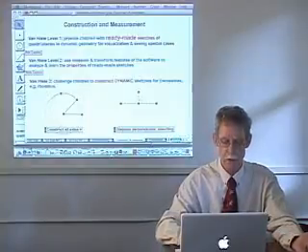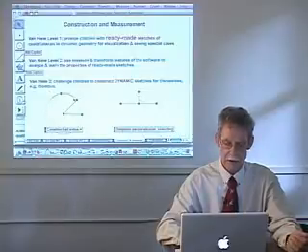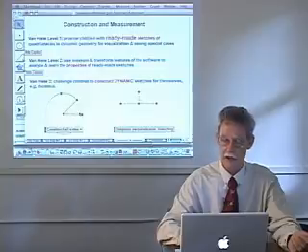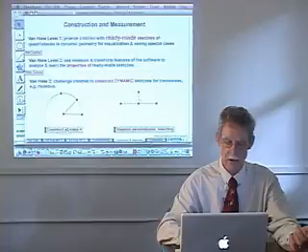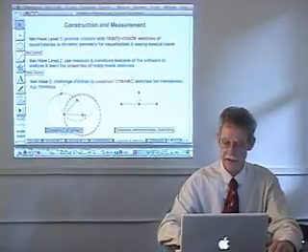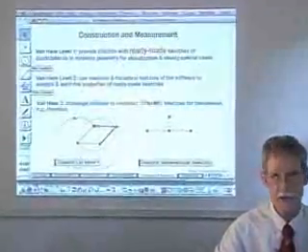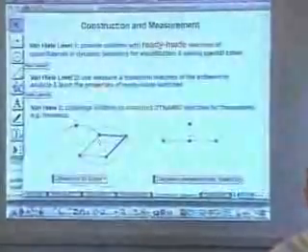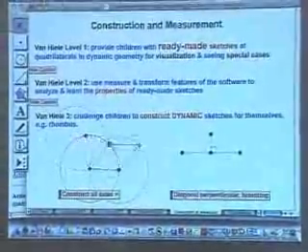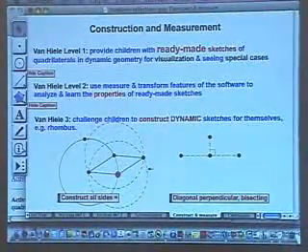For example, one way of constructing a dynamic rhombus would be to start with a circle, where we know that the radii are equal, and then to construct all the sides equal, we can construct a circle centered at that point and another circle centered at that point, and clearly the intersection of those circles will produce something which has all sides equal that will always remain a rhombus.